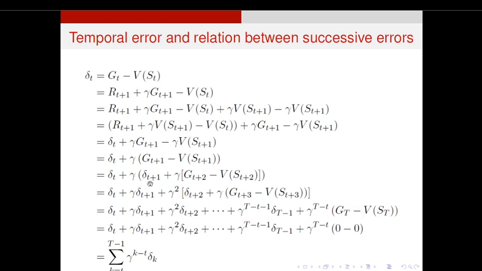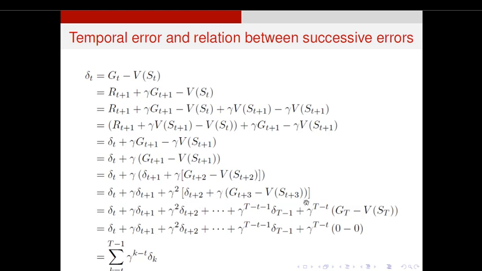So delta t plus gamma into, instead of delta t, I choose delta t+1: delta t+1 plus gamma into (G_{t+2} minus V of S_{t+2}). Then multiply this expression with the common factor gamma: gamma into delta t+1 plus gamma square into the next term. Again I substitute G_{t+2} minus V of S_{t+2} with delta t+2 plus gamma into (G_{t+3} minus V of S_{t+3}). Multiplying with gamma square gives gamma square into delta t+2 plus gamma cube into this expression.